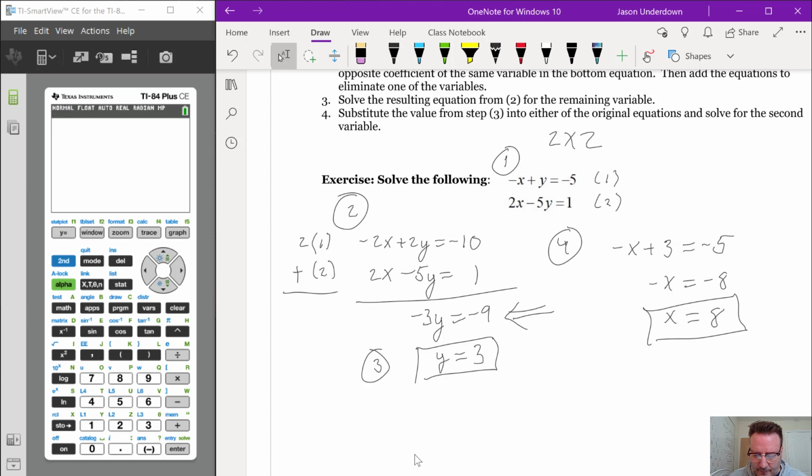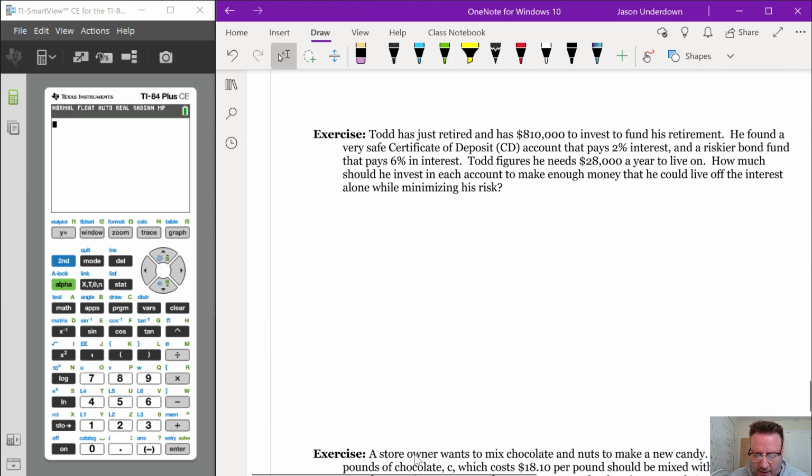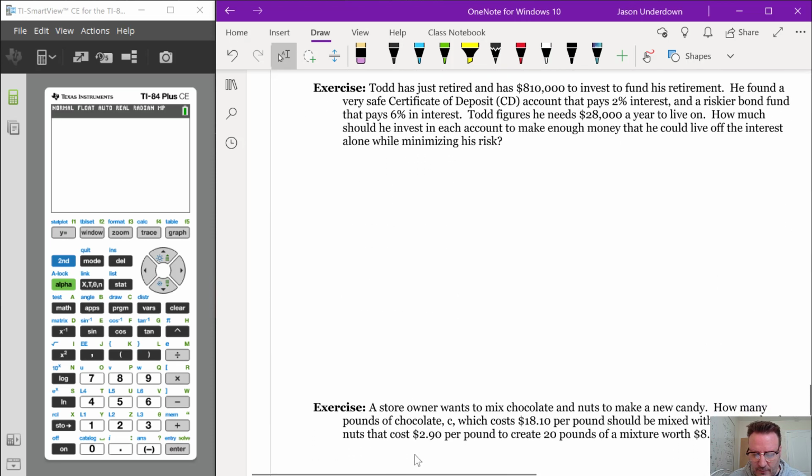Okay, moving on, let's see some more examples here, and I'll use elimination on these exercises as well. Todd has just retired and has $810,000 to invest to fund his retirement.